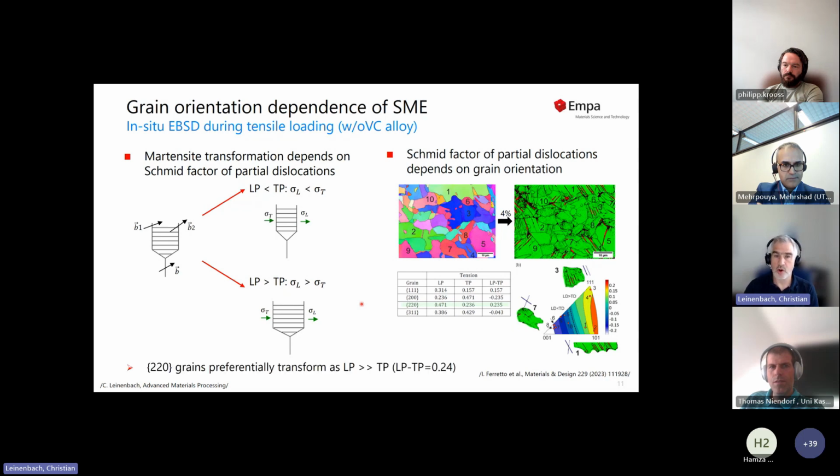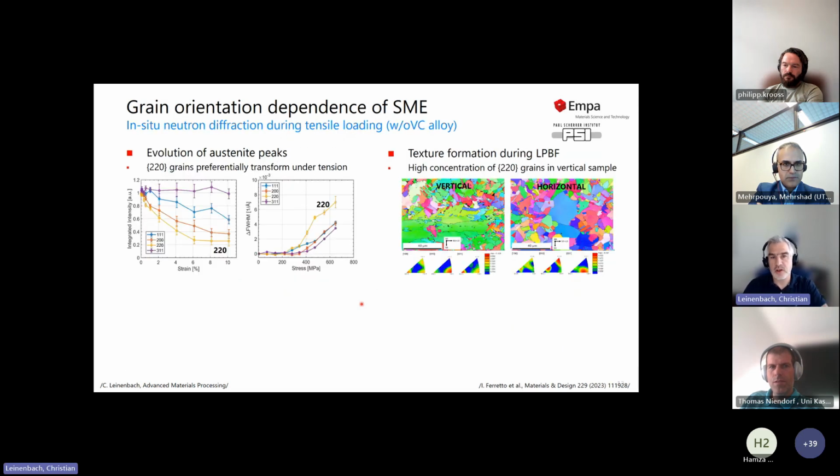We could confirm that by in situ neutron diffraction experiments during tensile tests, where we looked into the evolution of the peaks. Here, this is the austenite peak, for different grain families, 111 and the different ones. You also see that for the 220 grain family, the austenite peak decreases rapidly with increasing strain.